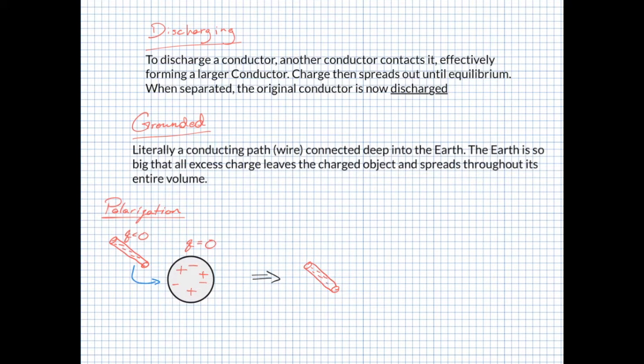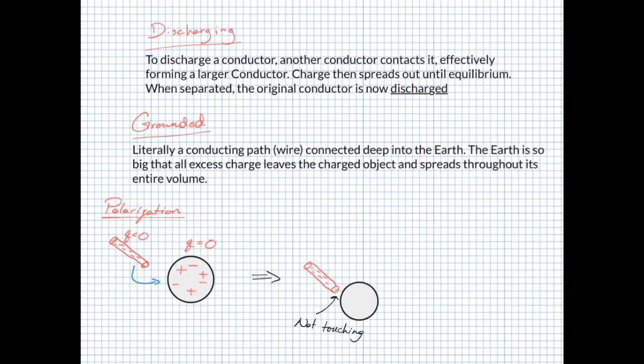Okay, what the negative charges on the rod are going to do is force the electrons that are on this conducting sphere to move as far away from the rod as possible. Because as we know, like charges repel and opposite charges attract. So the protons are stuck in place.